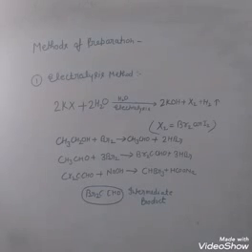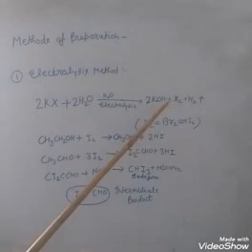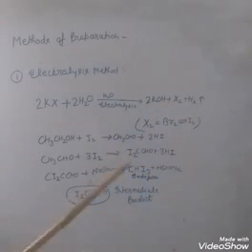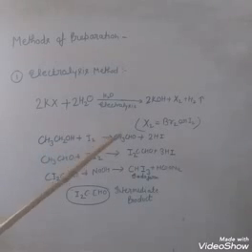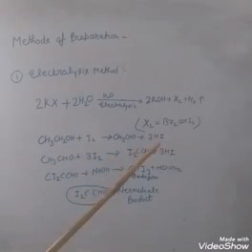When beside Br2 we use I2, iodoform is obtained. See these reactions, where we use I2. Ethyl alcohol reacts with I2 and gives acetaldehyde and releases hydrogen iodide.